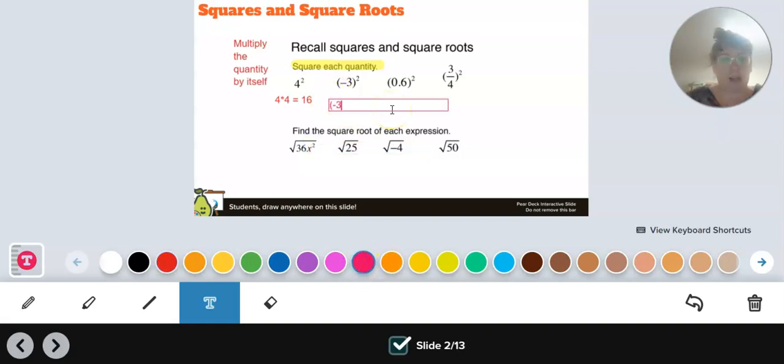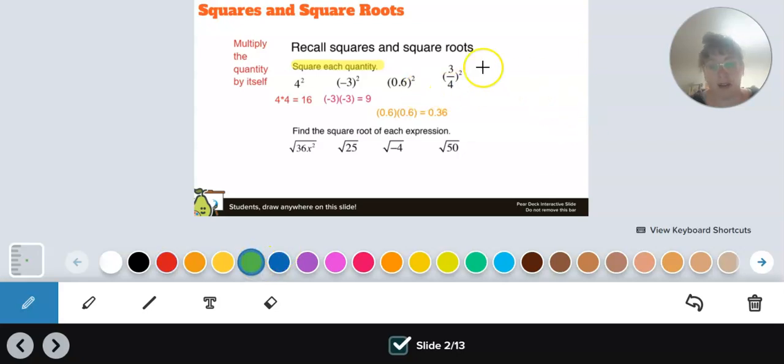Negative 3 squared is negative 3 times negative 3, which gets us a positive 9. 0.6 squared is 0.6 times 0.6, which gets us 0.36. 3/4 squared is 3/4 times 3/4.